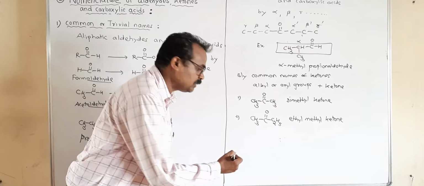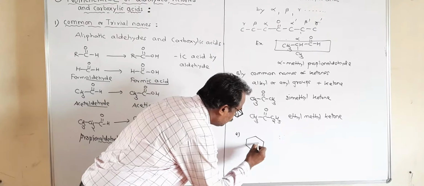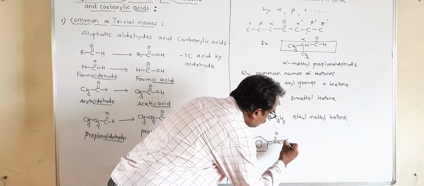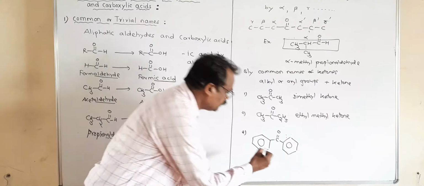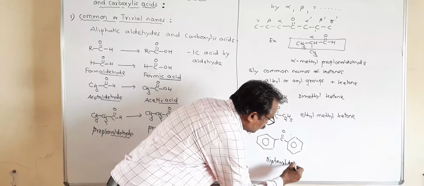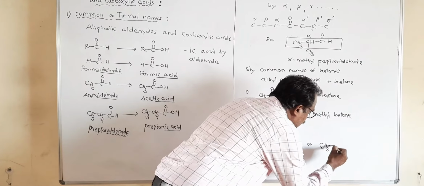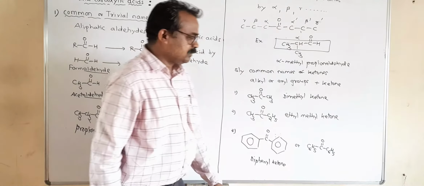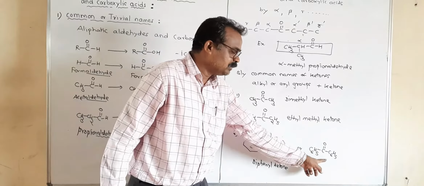In case of aromatic ketones, if two aryl groups are attached to the carbonyl group, this is known as diphenyl ketone, or we can write this in molecular formula like C6H5CO C6H5.